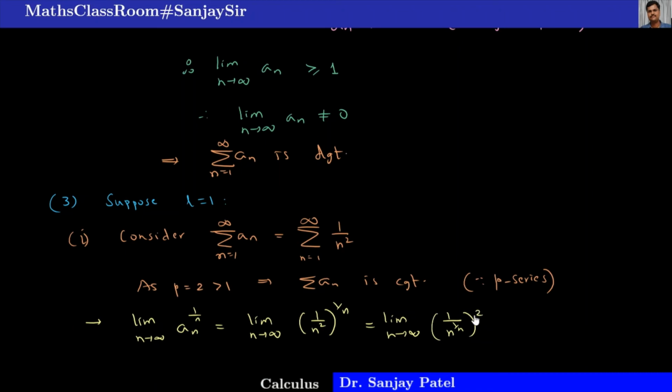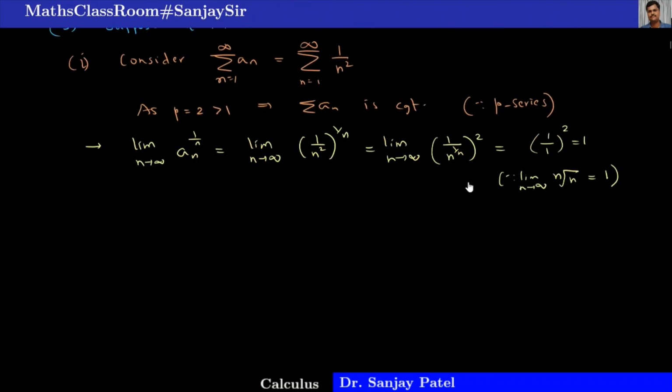And we know that as n tends to infinity, the nth root of n tends to 1. So this is equal to 1 upon 1 square, which is equal to 1. The reason is that the limit as n tends to infinity of the nth root of n, that is n raised to 1 upon n, is 1. So we are using this formula for writing the limit of n raised to 1 upon n, and that is 1.